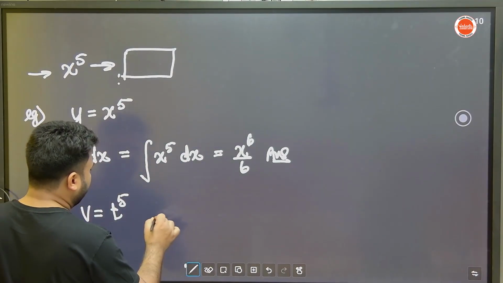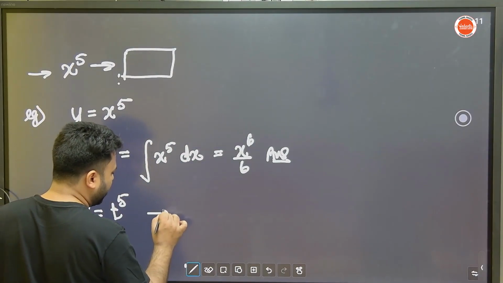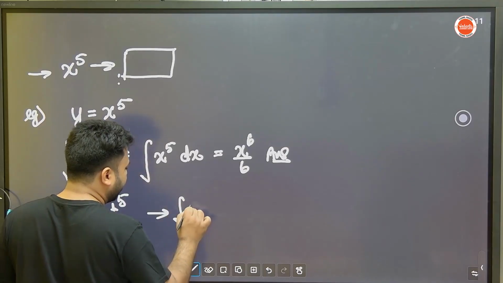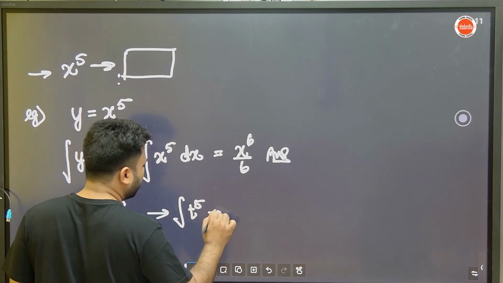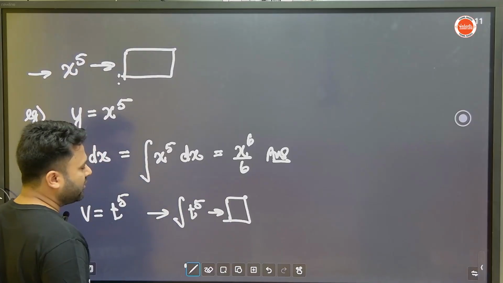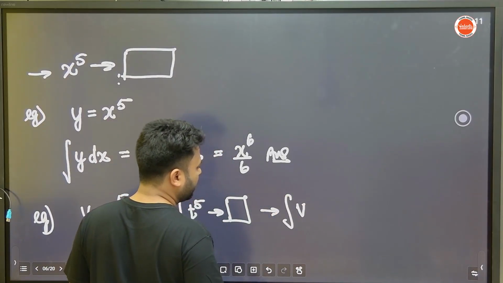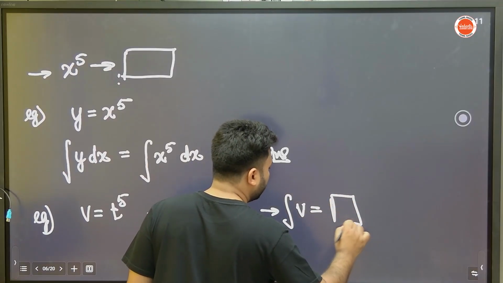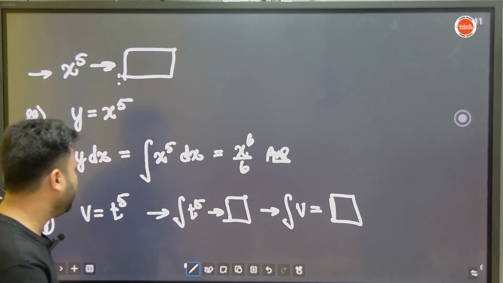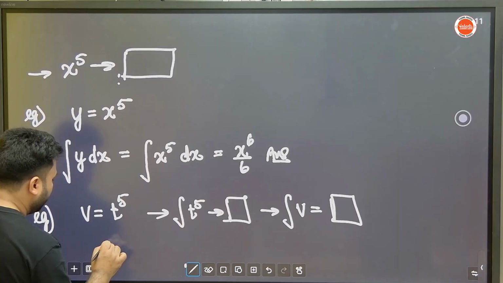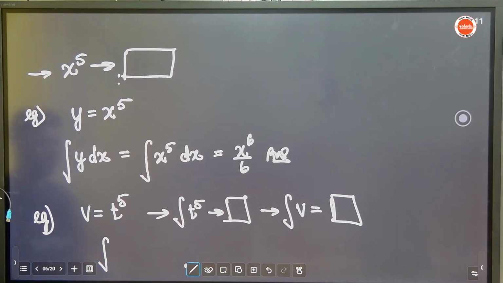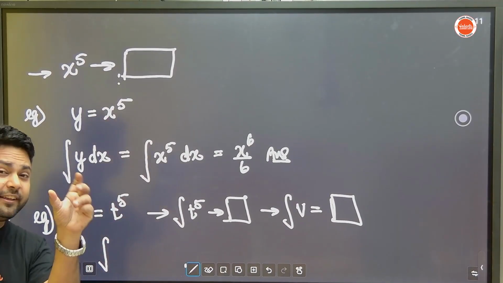So they are not going to write, understand this properly, what is the integration of t to the power 5. No. They are not going to write what is the integration of v. No. Learn the proper format. They will ask what will be the integration of v depends upon t, like dy by dx.